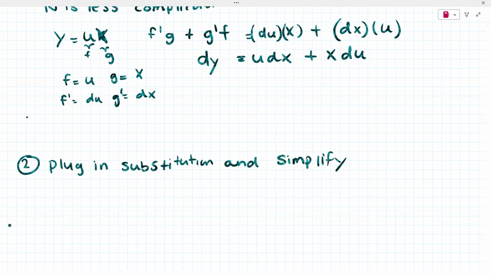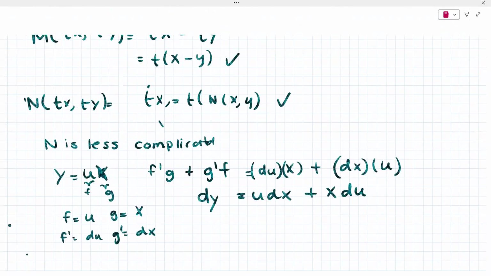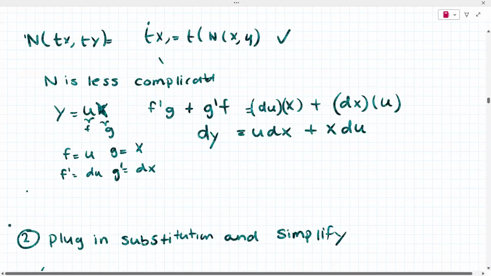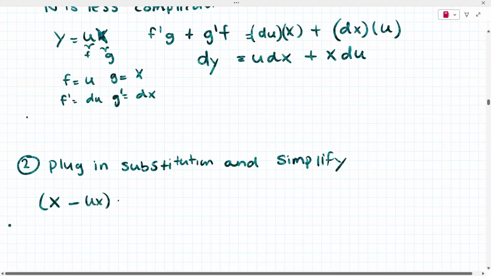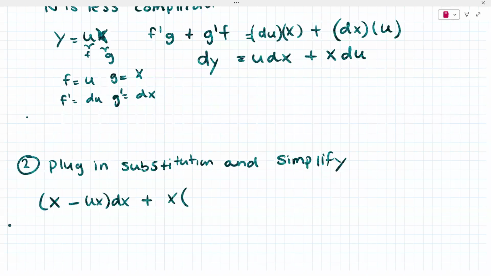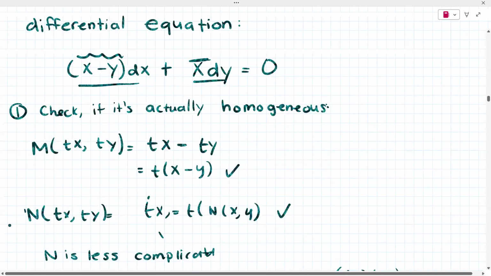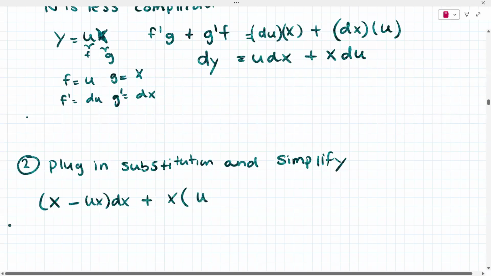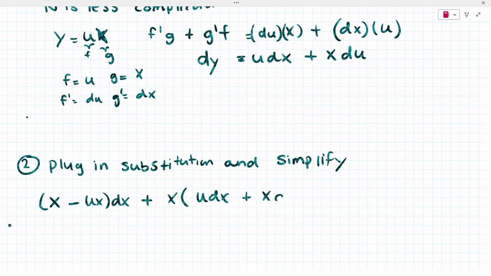Okay. So it's going to be x minus, and then you're going to replace your y with ux dx plus x times, and then you're going to replace your dy with this whole thing, u dx plus x du, which equals 0.